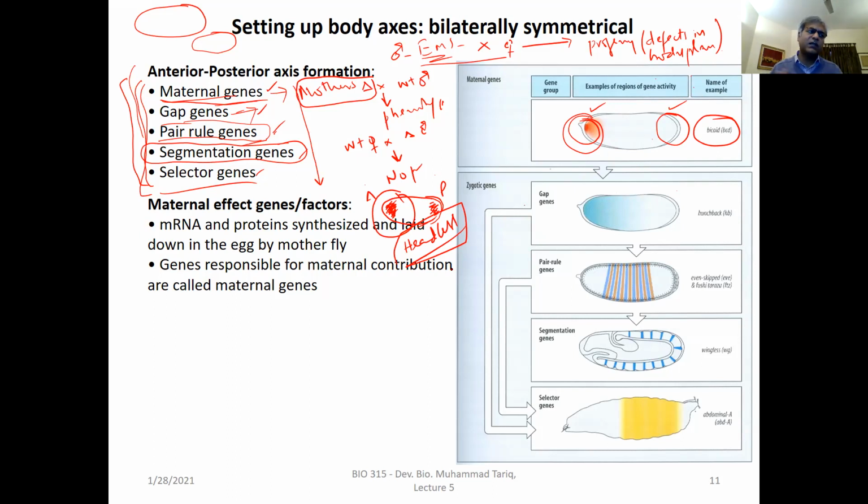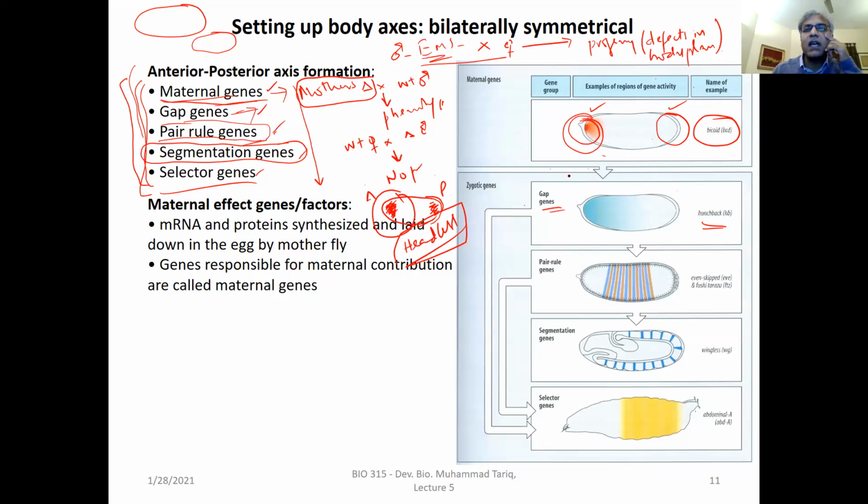Immediately after fertilization, up until certain hours, and I can't recall the specific minutes, maybe 1 hour or so, we don't have zygotic genes being transcribed. These messenger RNAs which are deposited by the mother, their proteins act on the nuclear genes and then activate. Hunchback is one of the zygotic genes, and it's also a maternal effect gene as well.